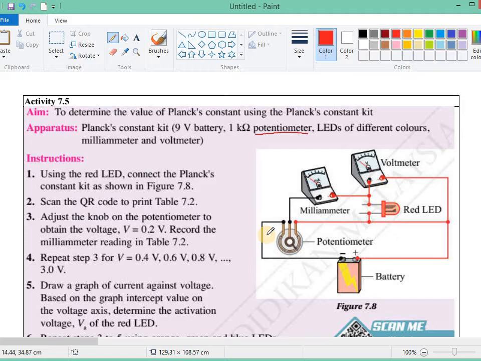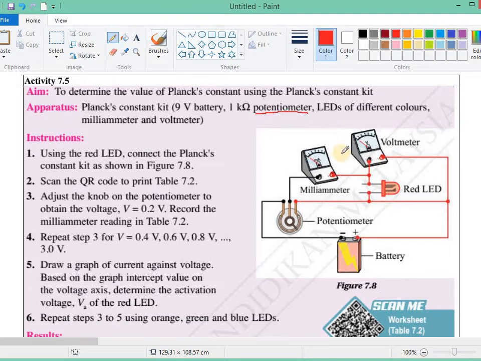It has different functions: it can function as a resistance, as a rheostat, and also as a potential divider. How it works is actually not so important here.